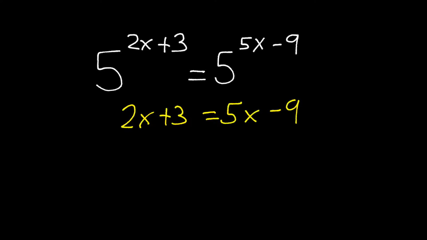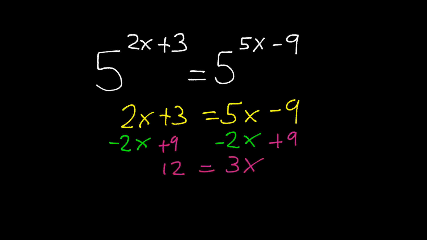I have to subtract 2x from both sides. I have to add 9 to both sides. And we end up with 12 = 3x. Then divide by 3, and we get x equaling 4. So our answer is x = 4, and what good does that do us?